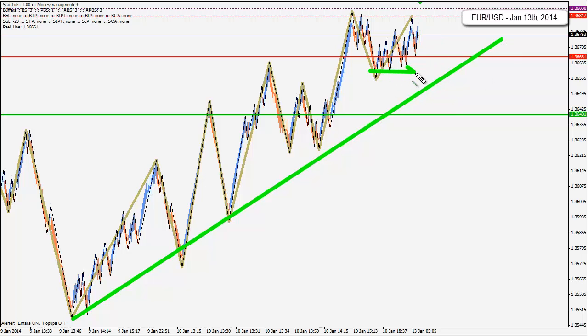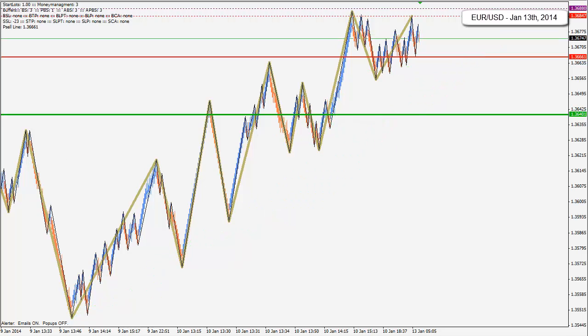This is definitely the first obstacle in its path, and really we don't want to start targeting way down here on this first run off of this area. So I'm going to look into this cluster of price activity here and use that as my take profit.